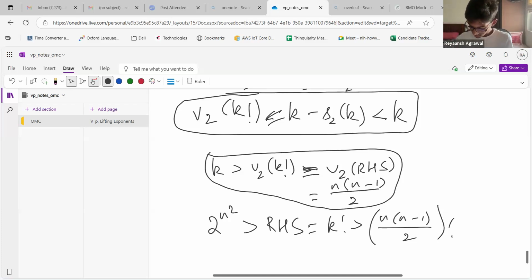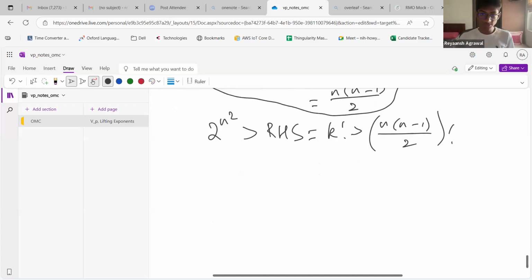We've got 2 power something on the left side, right? So naturally we want to show that this is greater than some other power of 2, because then we can take log on both sides and we'd get that n square is greater than the other exponent. So can we show that this is greater than or equal to some power of 2?